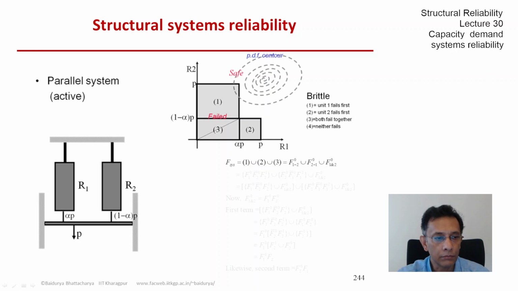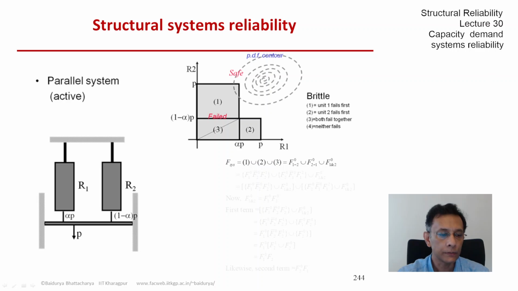Each member is weak enough so that it's not able to carry the load given to it in the intact stage. Now let's define the symbols on the right part of the equation, the right hand side.